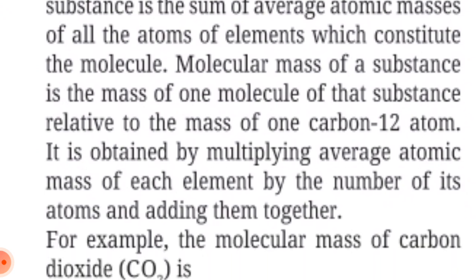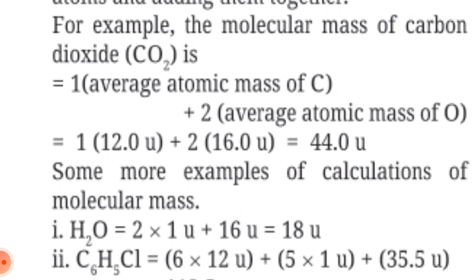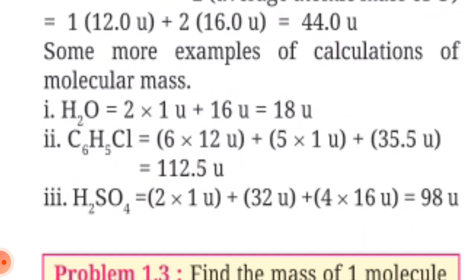It is obtained by multiplying the average atomic mass of each element by the number of its atoms and adding them together. For example, the molecular mass of carbon dioxide is 1 × average atomic mass of carbon plus 2 × average atomic mass of oxygen, which gives 1 × 12.0 u + 2 × 16.0 u = 44.0 u.